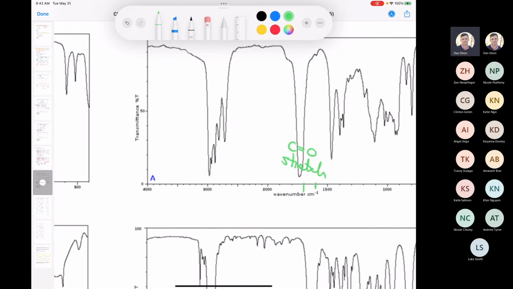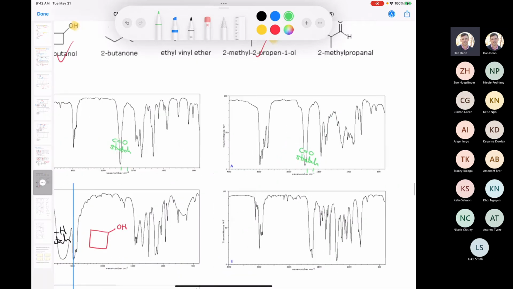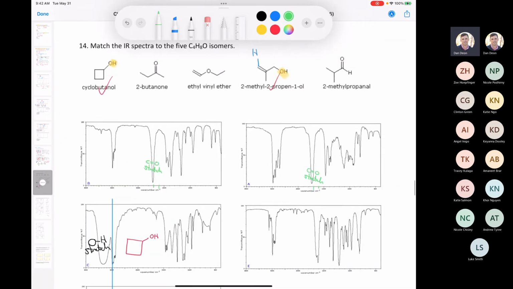So the question becomes, which one is the aldehyde and which one is the ketone? Well, if you go to that handout, it says that when we have an aldehyde, we also see stretches at 2750 and 2850. So let's take our ruler and draw a line at 3000 reciprocal centimeters here, and then a line at 3000 reciprocal centimeters here.